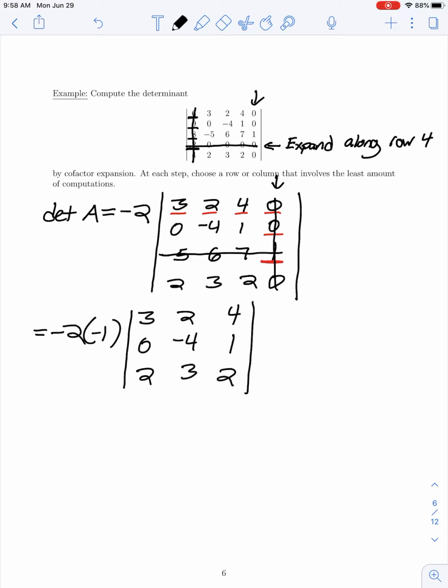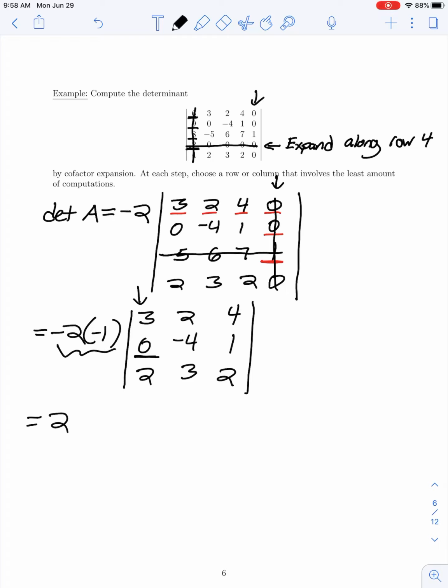So now, for this last 3x3 submatrix, well, we could use an expansion down the first column since we have a 0 entry only in that first column. And so let's see what we have. So we had our -2 times -1 out in front becomes a +2.